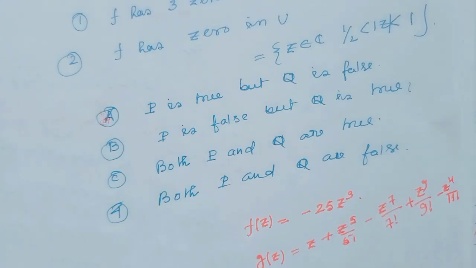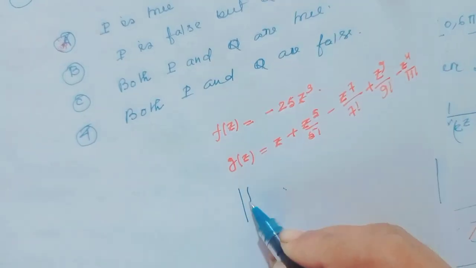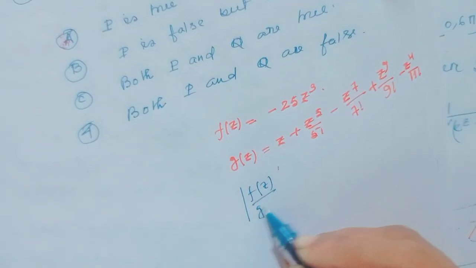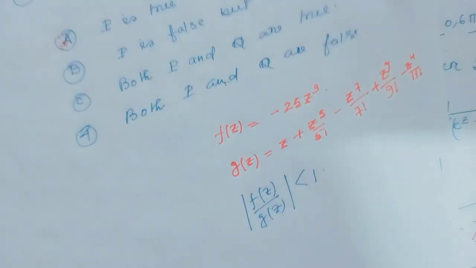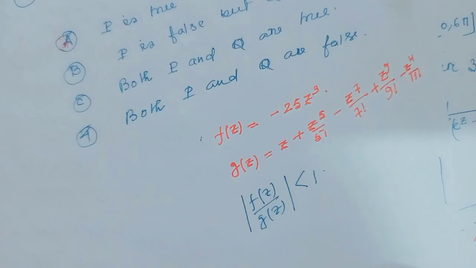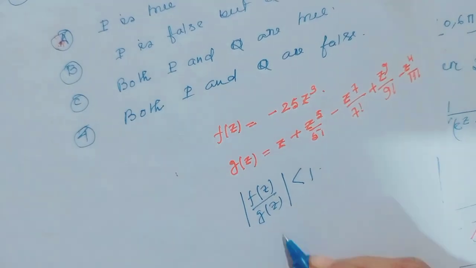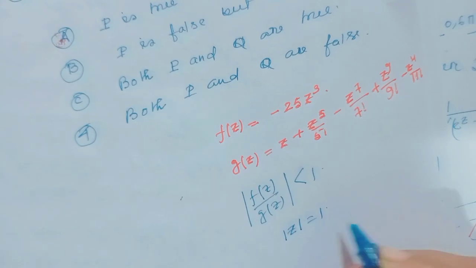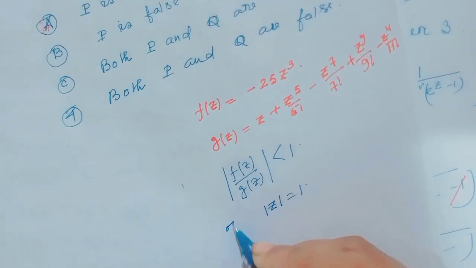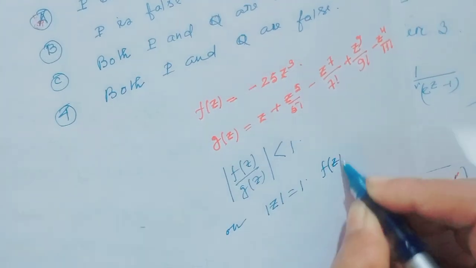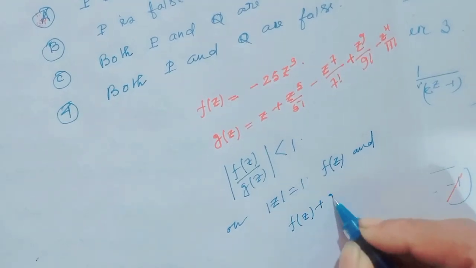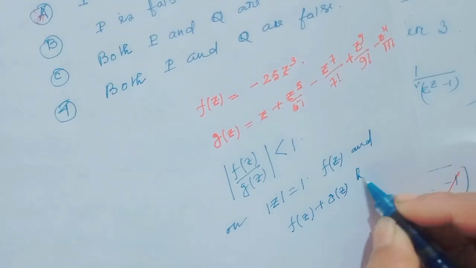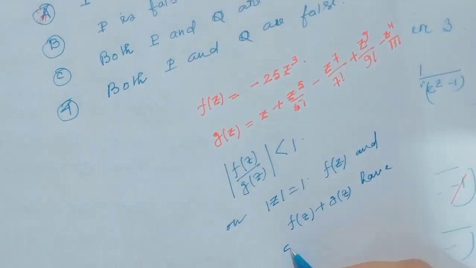And notice the modulus of g(z) over f(z), this value is always less than 1. Since this value is less than 1, by Rouche's theorem on mod z equal to 1, f(z) and f(z) plus g(z) have the same number of zeros.